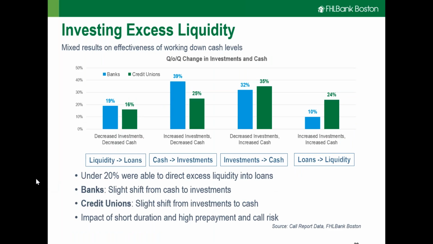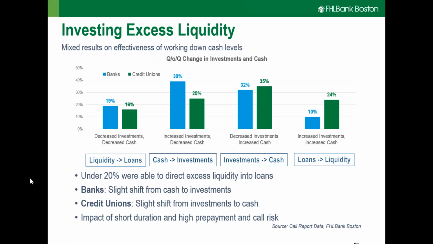So when we think about investing the excess liquidity, almost across the board, liquidity, however you define it, is significantly higher than where most CFOs and treasurers would like it to be. So the question to ask is, has anyone been able to get to a normalized level of liquidity? And the answer to that is yes, but just under 20% of them.